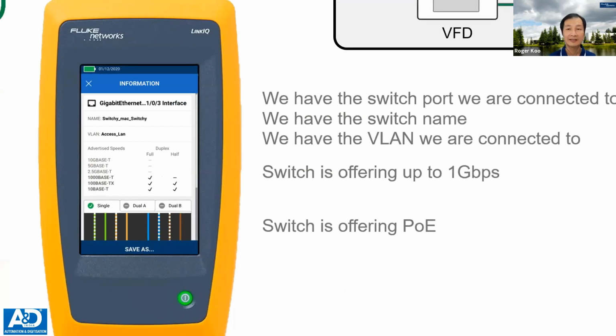And it has also identified that this is connected to a VLAN called the V-Access LAN. The highest capability of this switch is 1 gigabit per second, but it can also support 100 megabits and 10 megabits per second at full and half duplex.